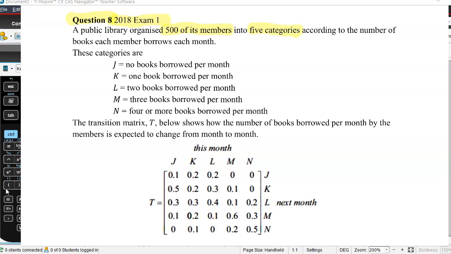These categories are J for no books borrowed per month, K for 1 book, L for 2, M for 3, N for 4 or more. The transition matrix T below shows how the number of books borrowed per month by the members is expected to change from month to month.